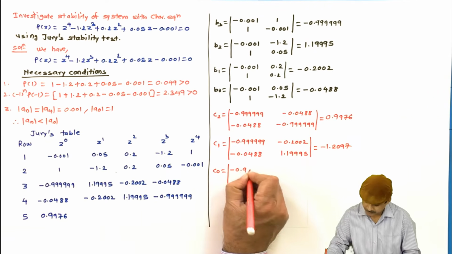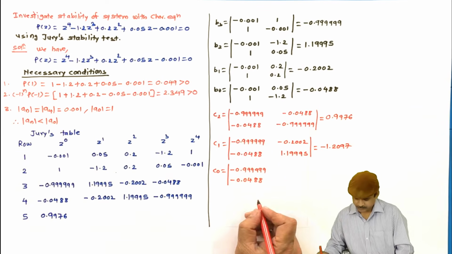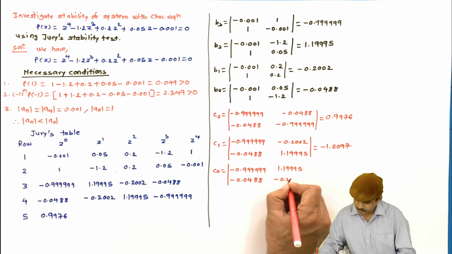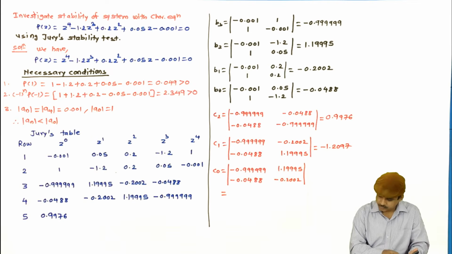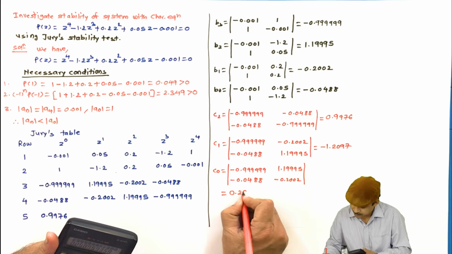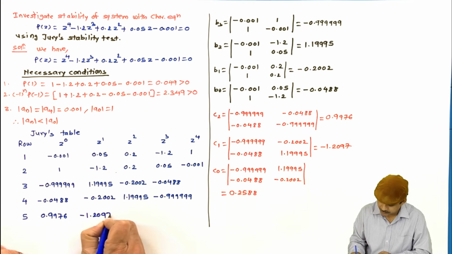So it's minus 0.999999, minus 0.0488, and 1.199995, minus 0.2002, and this is equal to 0.2588. Here I have minus 1.2097 and 0.2588.